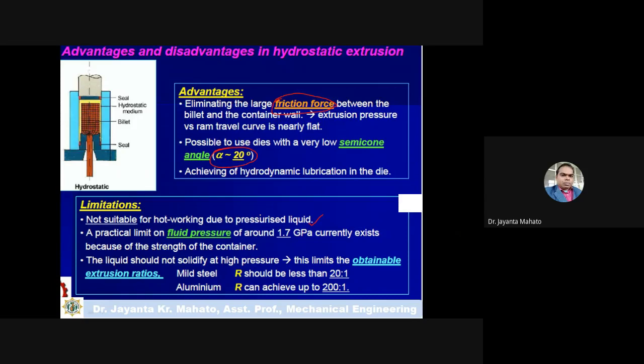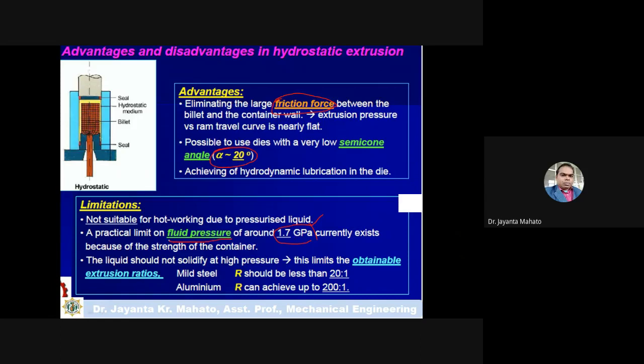A practical limit on fluid pressure of around 1.7 GPa currently exists. Fluid pressure cannot exceed more than 1.7 GPa. So this is the limitation of fluid pressure.